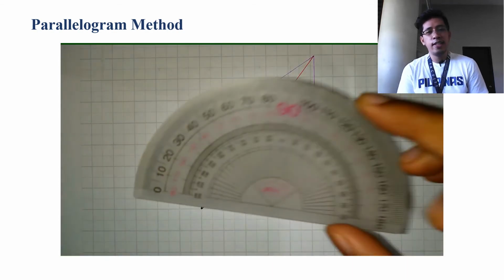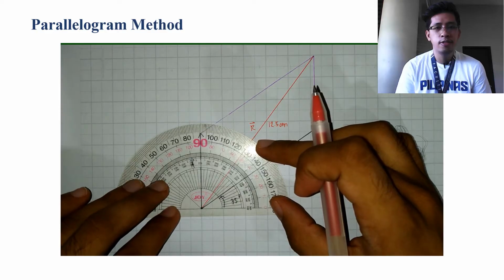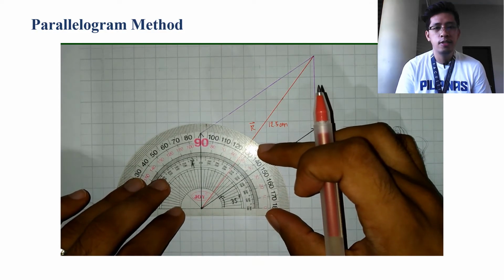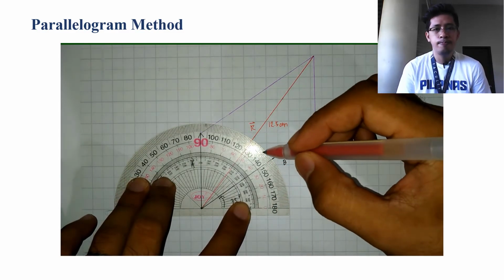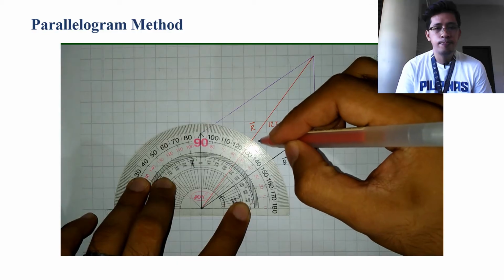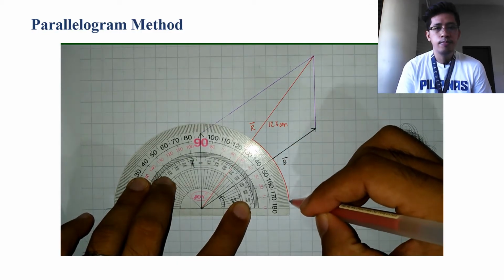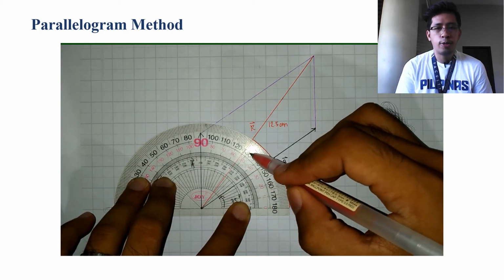The direction is again measured using your protractor. Measuring that one, we get an angle of 54 degrees from your east towards the north.